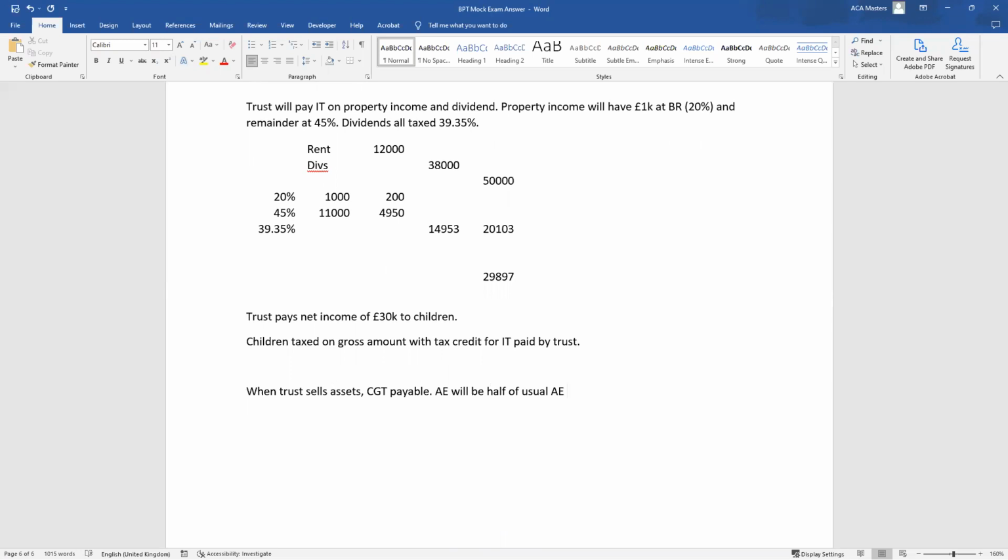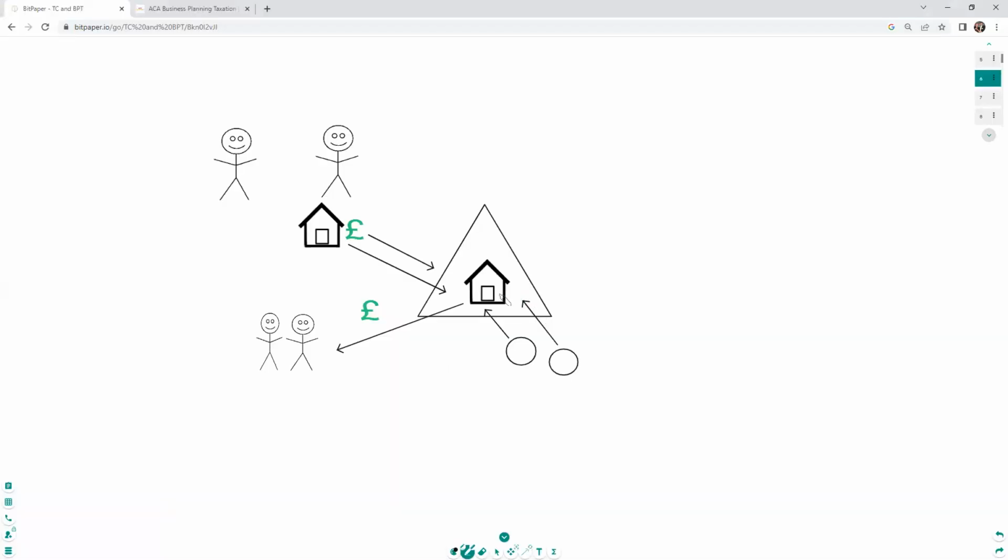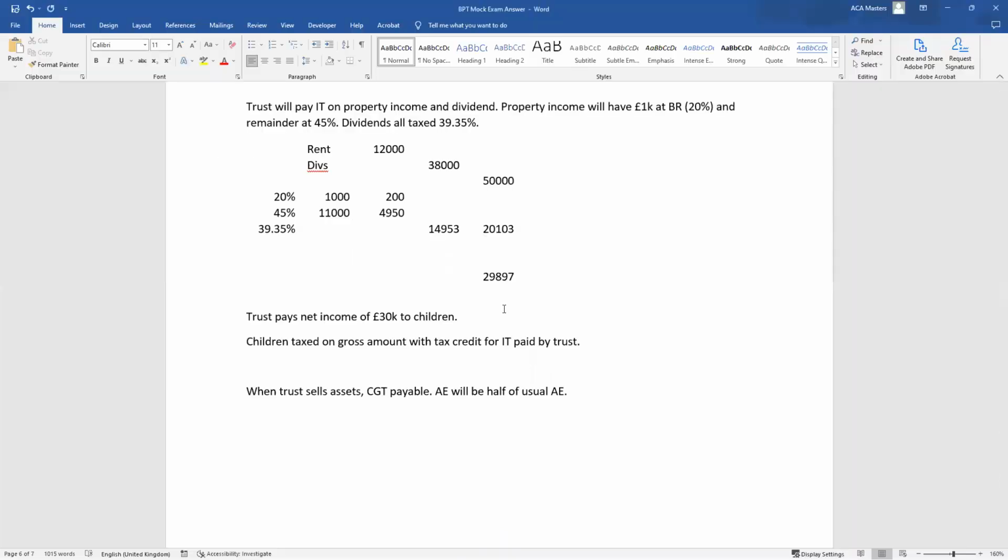So whatever the annual exemption is for your exam, then reduce it by half. Trusts have half of that. So we can think, for CGT, if the trust sells a property, that would of course be at the additional rates. So you can say property will be at additional CGT rates of 18%, 20%.